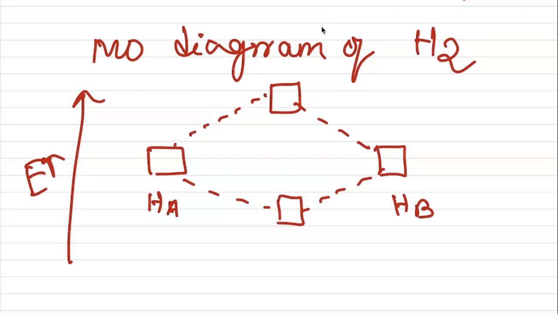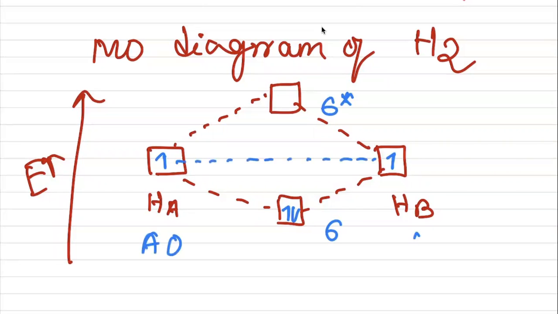Now suppose hydrogen has one electron here, one electron here, these two electrons will be paired up. These are the bonding MO, these are anti-bonding MO, and this is the energy gap. Okay, this is the energy. So obviously bonding MO always has lower energy than normal atomic orbital. These are atomic orbitals AO, and these are molecular orbitals.